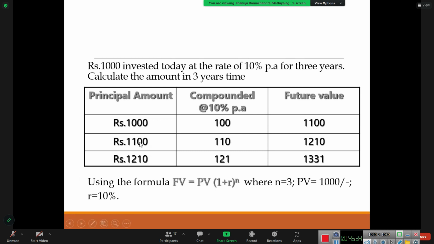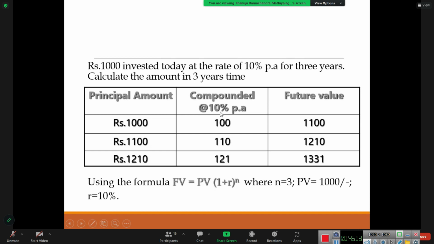And then for the third year, at the beginning, the capital is compounded, right? So the interest is earning interest here. If you put 1,000, it's always 100, 100. Now we get more. Why? This 100 interest is also earning interest. That 100 interest at 10% is 10 rupees, right? So 110. So it becomes 1,210. And this is actually having three components, isn't it? 1,000 plus 110 plus 100.